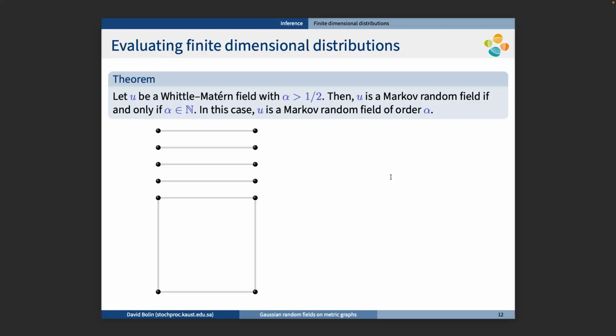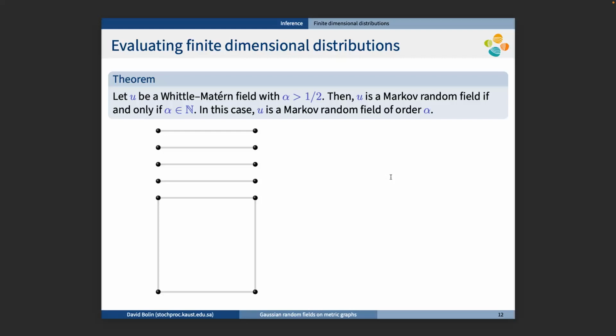And for this, you must be able to evaluate the finite dimensional distributions of this Gaussian process. And this is not so easy to do because the model is specified as a fractional order stochastic PDE. So it's not immediate how you would actually do that.